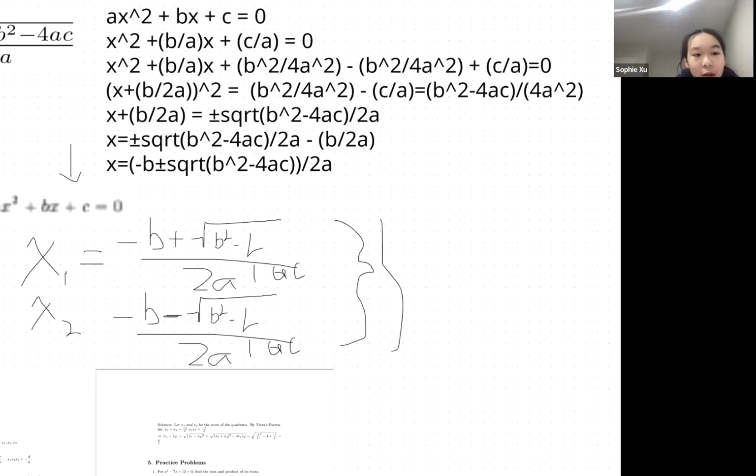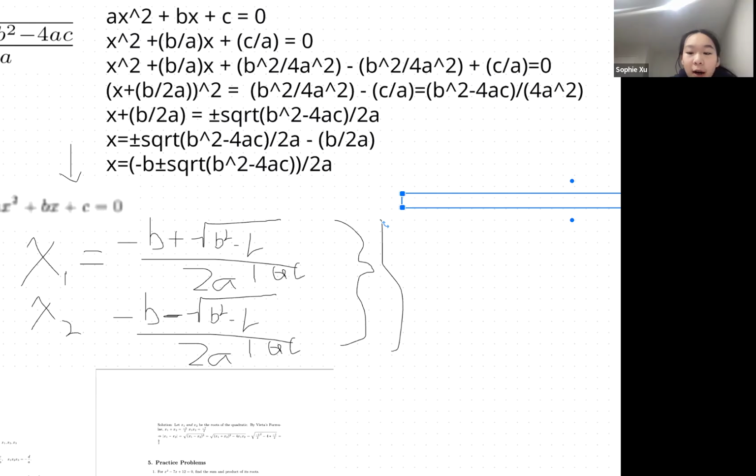Okay, I'm going to use a text box again. Oh my god. So you get x1 plus x2 is equal to negative 2b over 2a, right?